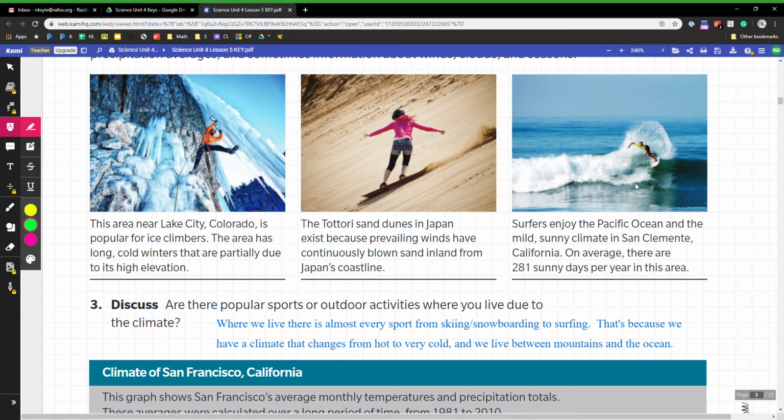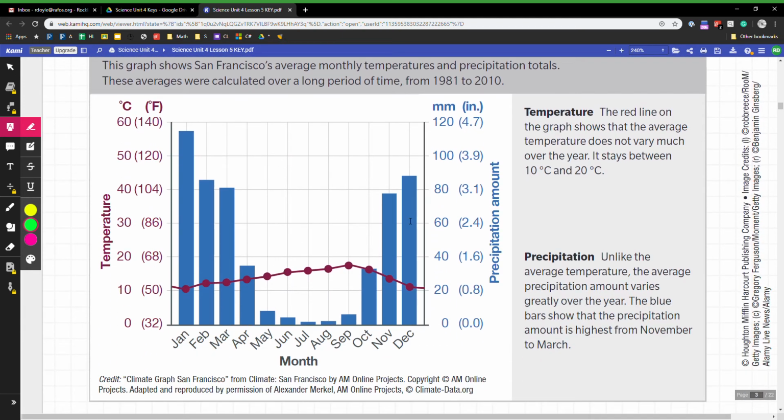Whereas if you were in Hawaii, you wouldn't have snow, so you'd primarily do surfing or beach sports. Or if you lived in Alaska, it might be more winter sports. But we actually get a nice combo of both.